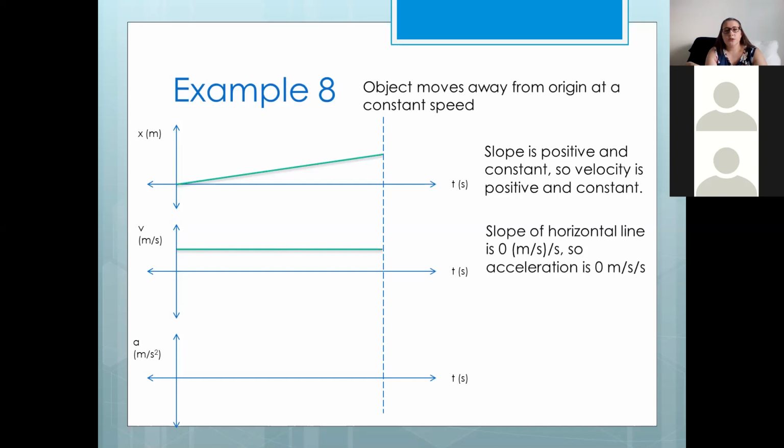The slope of a horizontal line is 0 meters per second per second, so our acceleration is 0 meters per second squared. So here's our stack of graphs for this scenario. Our position graph was a diagonal line, our velocity graph was a flat line, and our acceleration was a flat line at 0, because those relate to the slopes of the graph above them.